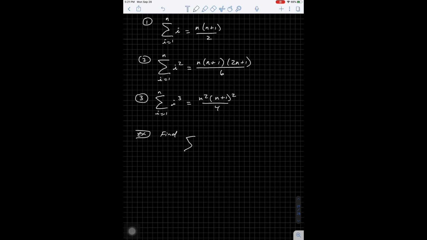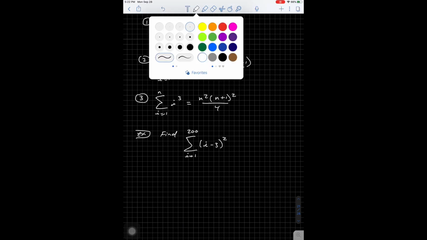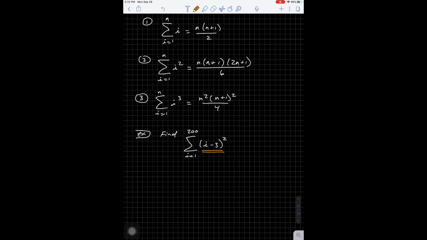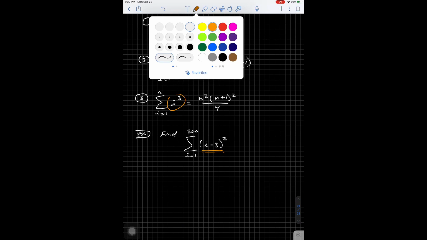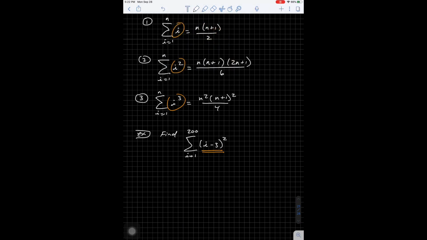So, say we want to find this sum, i equals 1 to 200 of (i minus 3) squared. Well, the first thing that I want to do is take this little formula here and break it up into components of these, which means that I need to multiply this thing out because I need to get it term by term.